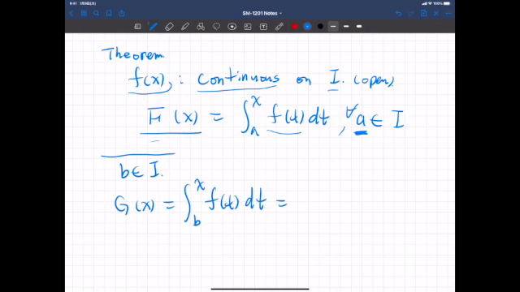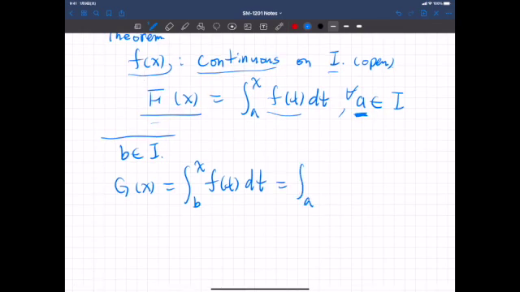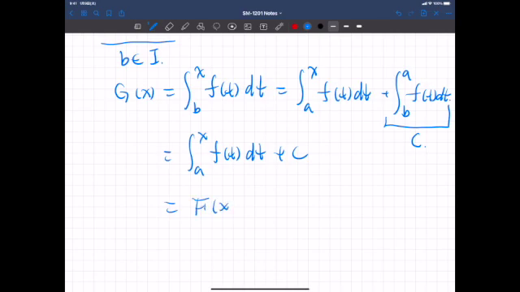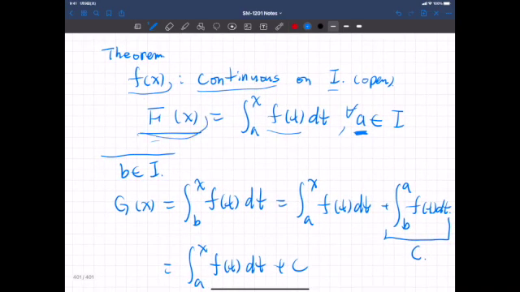But from the property of integral, this is actually equal to the integral from b to a of f of t dt, plus the integral from a to x of f of t dt, and this first part is a constant, so we could just set it to some constant c. So in this case, we have the integral from a to x of f of t dt plus c, and that is F of x plus c, where this F of x is the one we defined before.